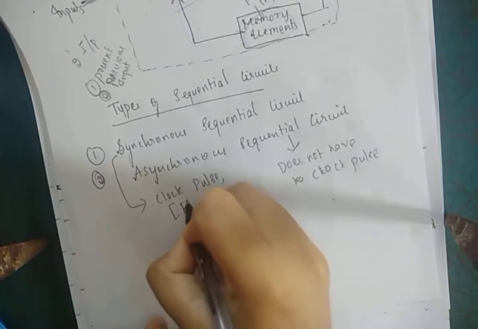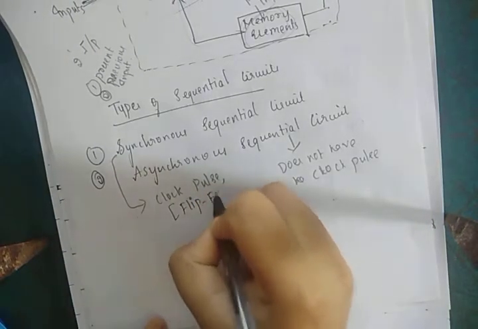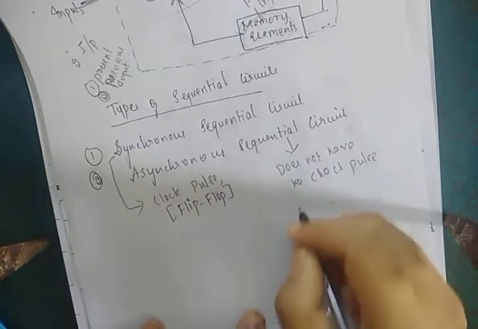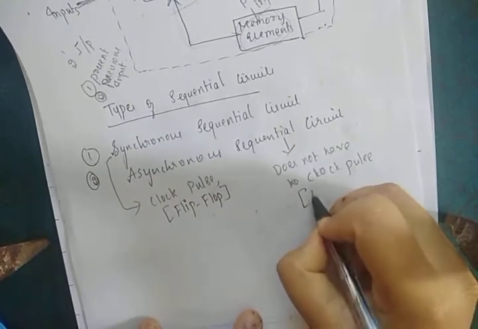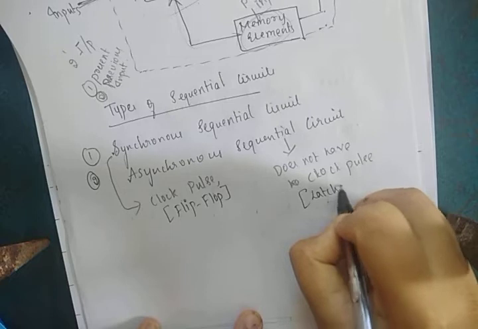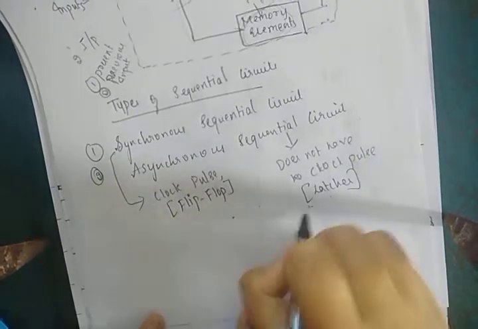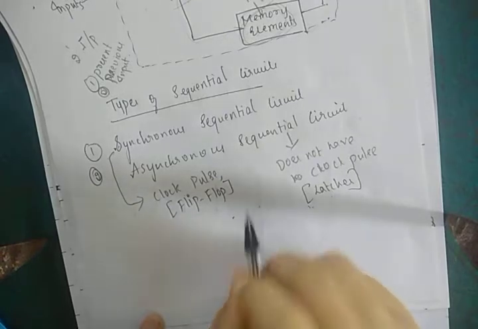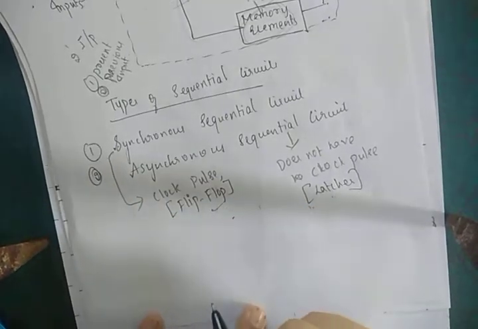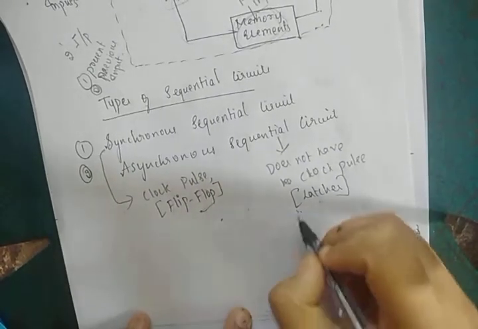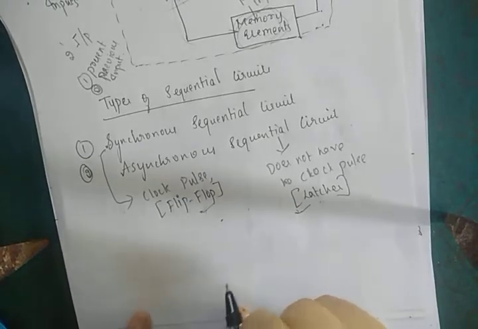An example of a clocked circuit is flip-flops. An example of asynchronous circuits is latches. So what is a flip-flop and what is a latch? Both are sequential circuits, but the difference is that flip-flops have clock pulses, whereas latches do not.